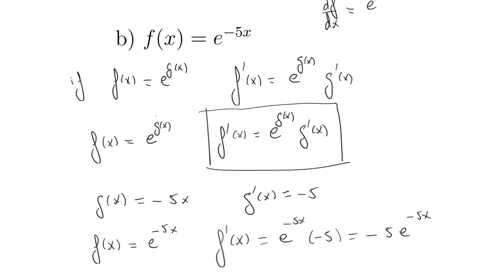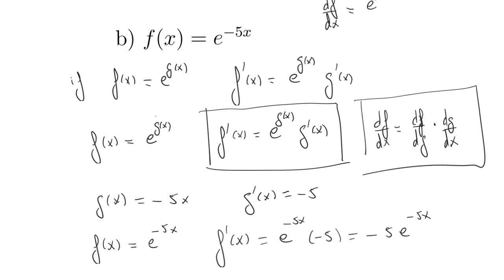In other words, the derivative of f with respect to x is the derivative of f with respect to g multiplied by the derivative of g with respect to x. And this is what we have applied. Okay, let's go to the next question.